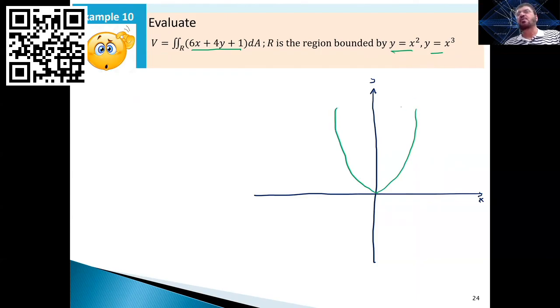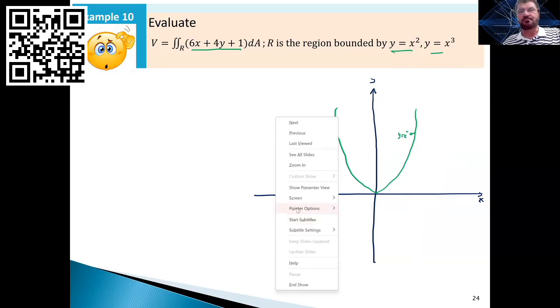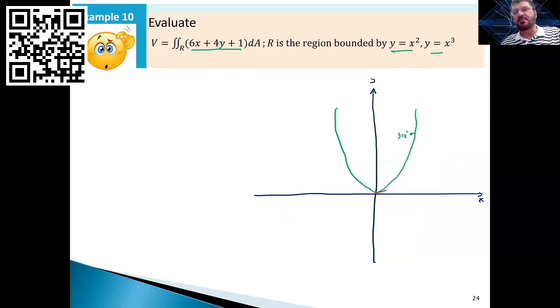Y equal x cubed is going to be the bottom one. So this one is y equal x squared. Y equal x cubed is going to be a little bit down, right? So it goes like that, and then it goes like this. This is y equal x cubed. So what's happening here? This is the region that I'm looking for.